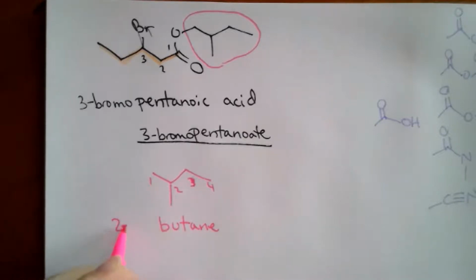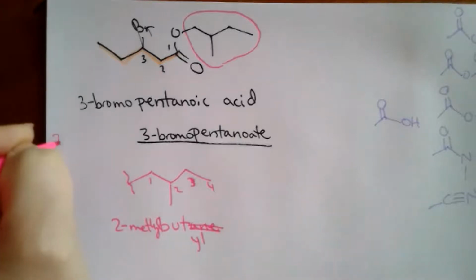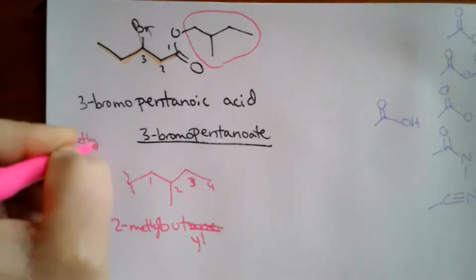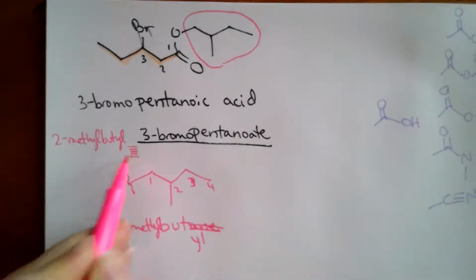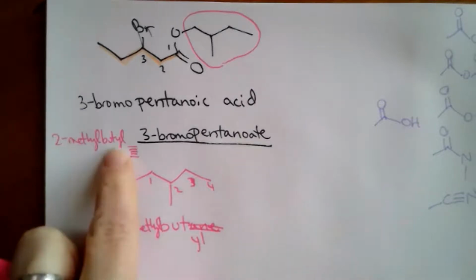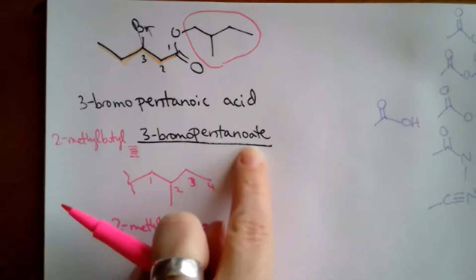It's a 2-methylbutane. But this whole thing was connected to my ester, so it's not an ane, it's an yl. So this name becomes 2-methylbutyl, with a space, 2-methylbutyl space 3-bromopentanoate.